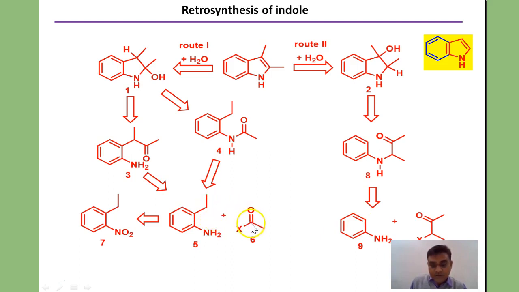Here is a 1 number carbon atom, it is offering 2 number of carbon atoms to construct this spiral nucleus. So aniline on reaction with the alpha haloketone, a doubly electrophilic building block, leads to indole. Similarly, acid chlorides or halides on reaction with orthotoluidine lead to the formation of indole.